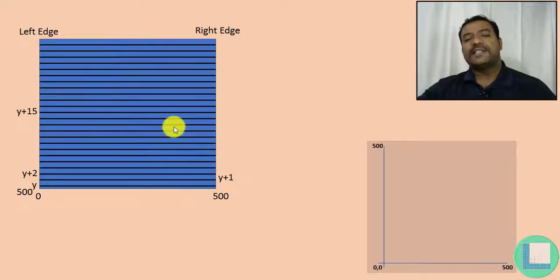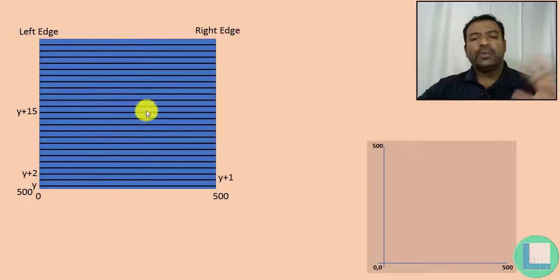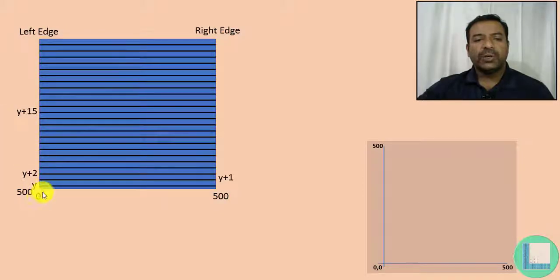Now keeping this as scanline, if there is no polygon and I want to fill the entire background, I need to start drawing the pixel with the color I want for the background, starting from the x value 0. I'll keep on filling until the end of this scanline.